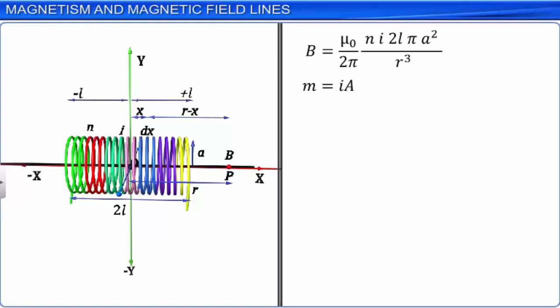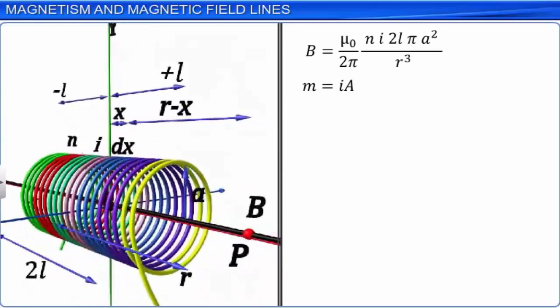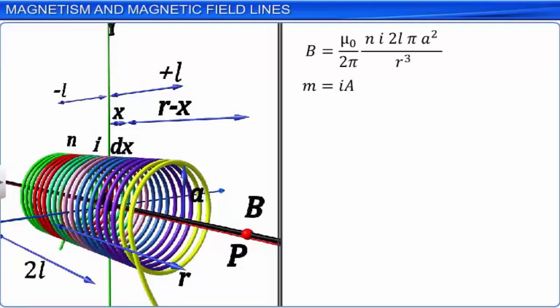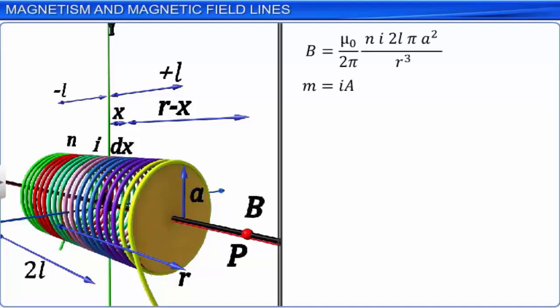Thus, area A of each loop of the solenoid is pi into A square. The total number of loops in the solenoid is n into 2L, and hence the magnetic moment of the solenoid M is equal to n 2L I A, which is equal to n 2L I pi A square.